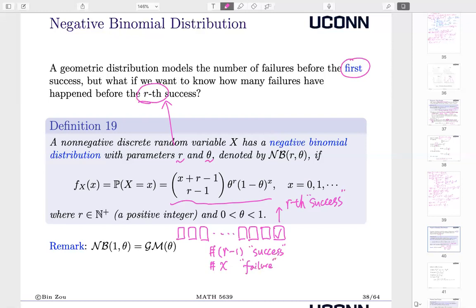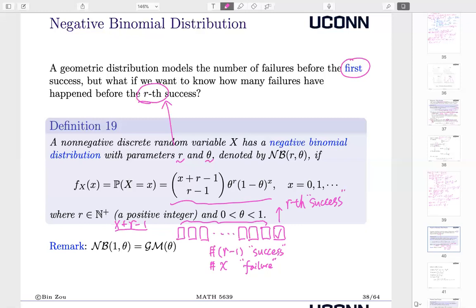Now it boils down to how I arrange them. First of all, I know the total number of boxes will be r minus 1 plus x, and among these x plus r minus 1, x of them are failures and r minus 1 of them are successes.